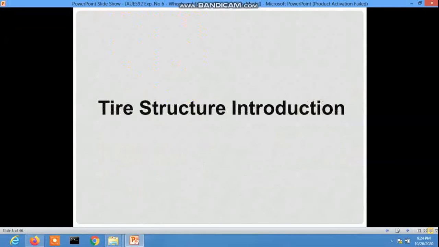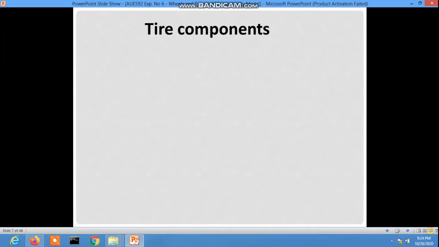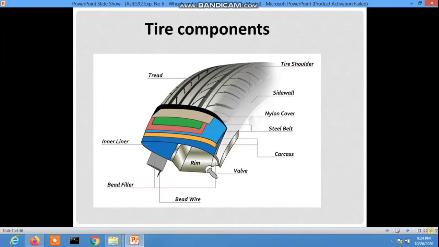Tire structure introduction. Now the tire components. Basically, here is the cut section of the tire.